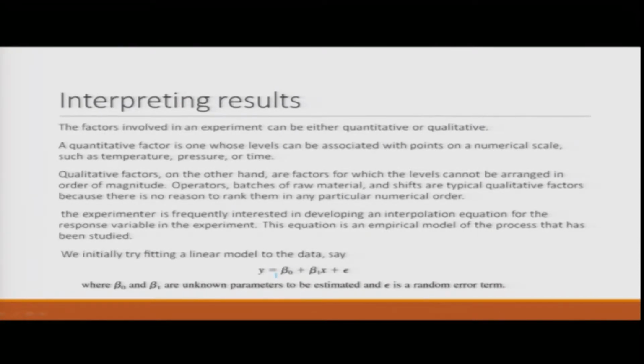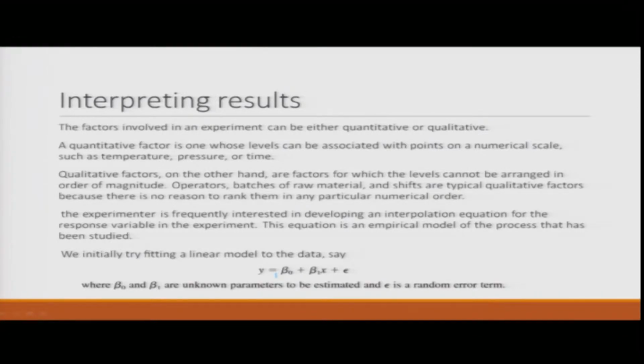The experimenter is frequently interested in developing an interpolation equation for the response variable in the experiment. This equation is an empirical model of the process that has been studied. We initially try fitting a linear model to the data.